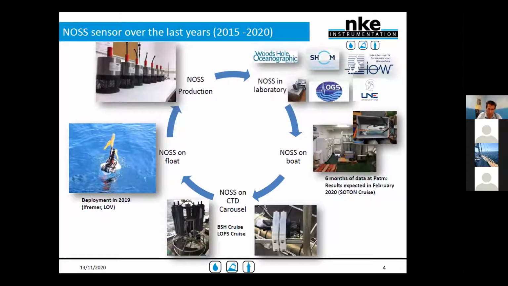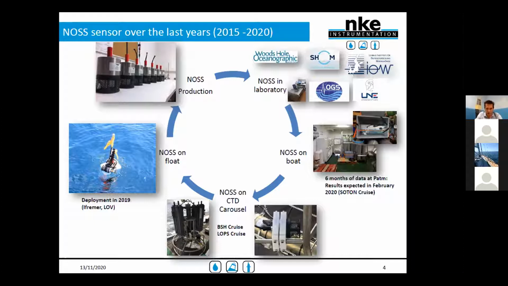To obtain a very robust sensor, we qualified the NOSE sensor over the last years in different areas. We qualified and validated the NOSE in the laboratory, for example, to improve the algorithm of compensation for the effect of temperature and pressure on the refractive index.